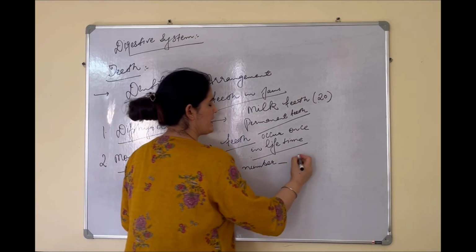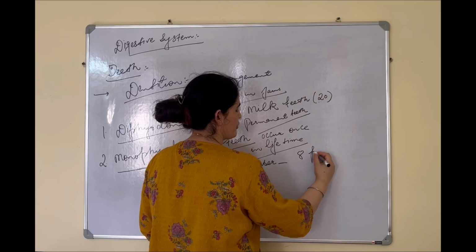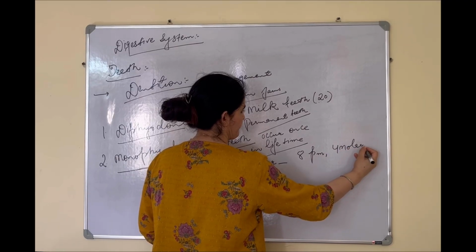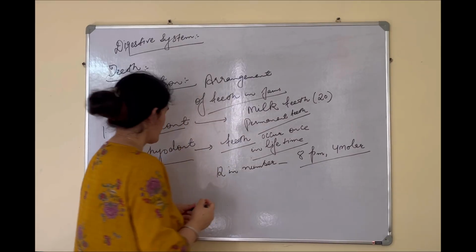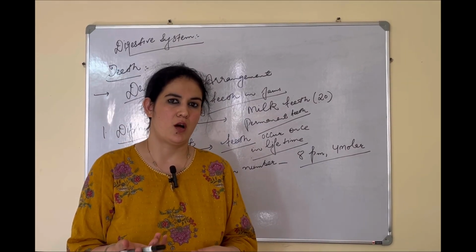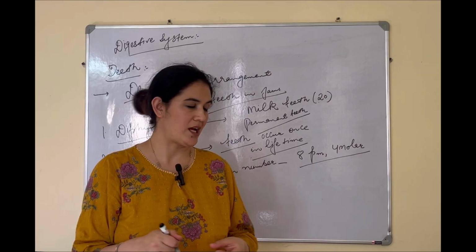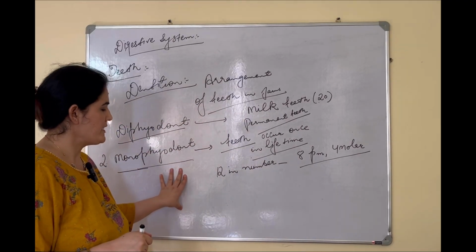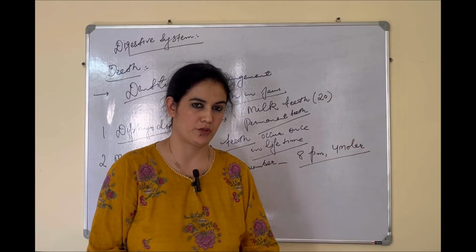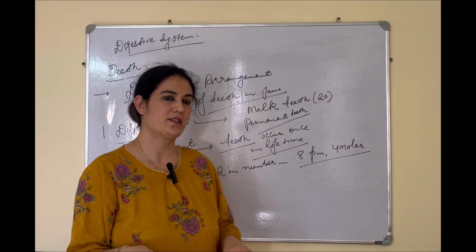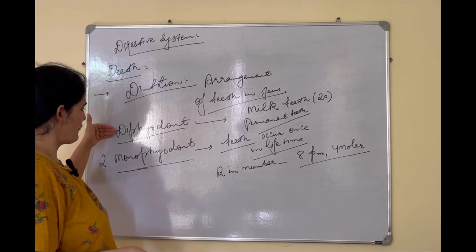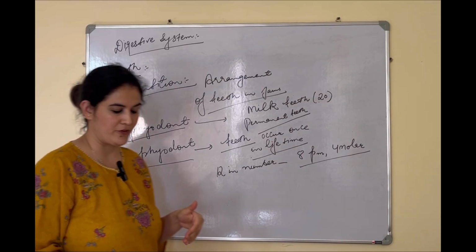In this, basically 8 we have premolars and 4 we have molar tooth. We will discuss about this. So monophyodonts are those teeth which come only once in our lifetime, and they are permanent, and they are 12 in number, 8 premolar and 4 molar tooth. I hope students this much is clear to you. What is dentition, what is diphyodont and monophyodont type of dentition.